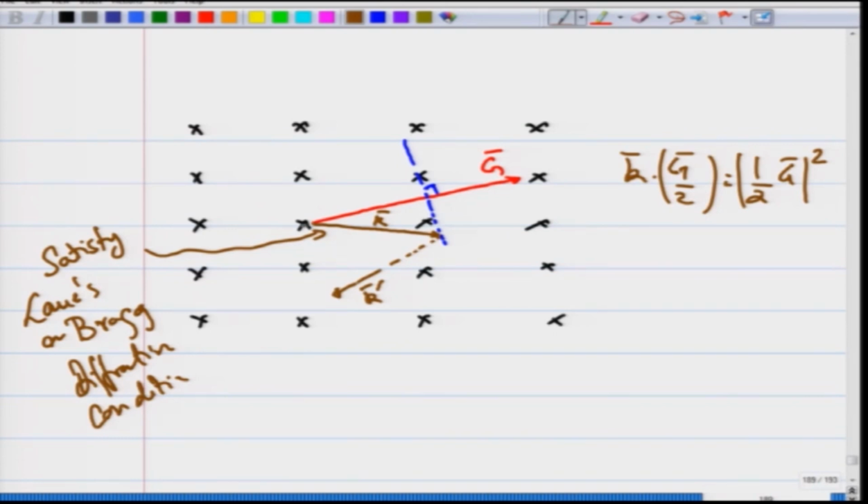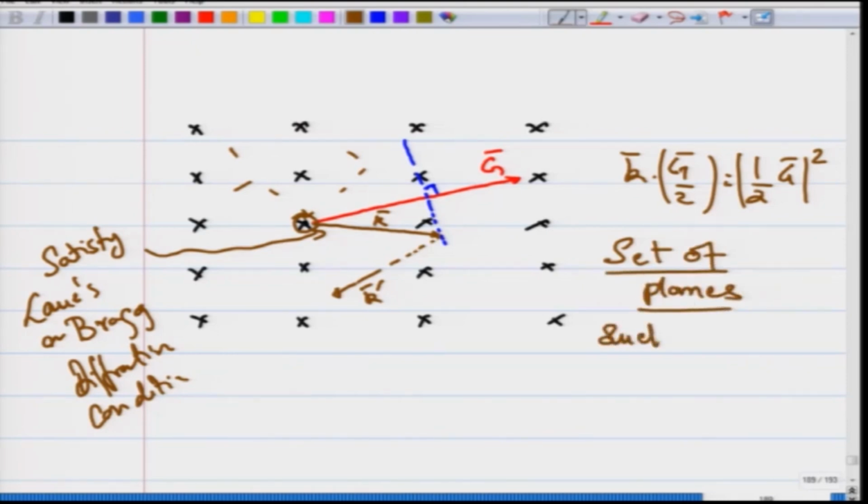I can draw different reciprocal lattice vectors from this point in different directions, draw perpendicular bisectors, and I will get a set of planes such that wave vectors which terminate on these planes will satisfy the Bragg diffraction condition.